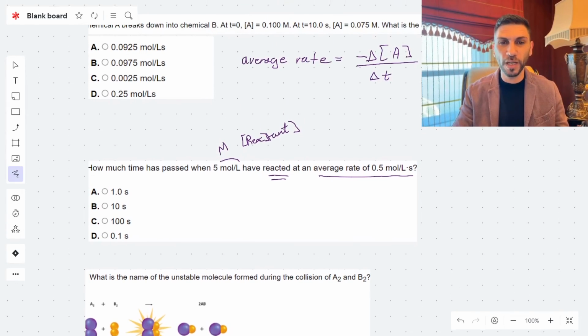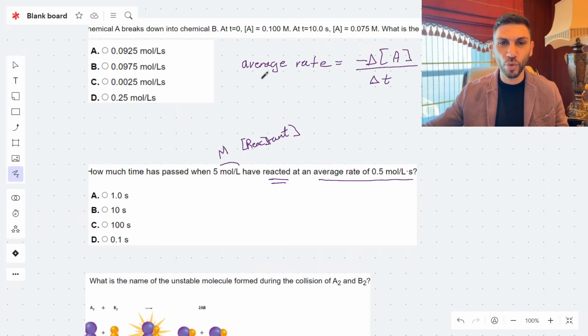Now, if you want to apply this equation, you have the average rate, which is 0.5 mole per liter second. You have the delta concentration of the reactant, which is 5 mole per liter, because this is what already reacted, and you need to find delta T. So if you start from 0, what is the T final for this reaction to occur? Also, it's simple. Try to solve it by yourself.